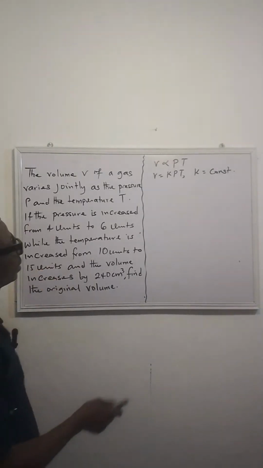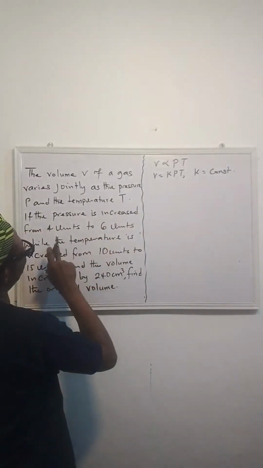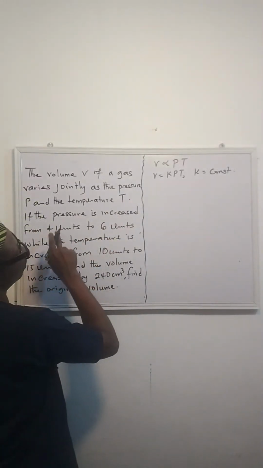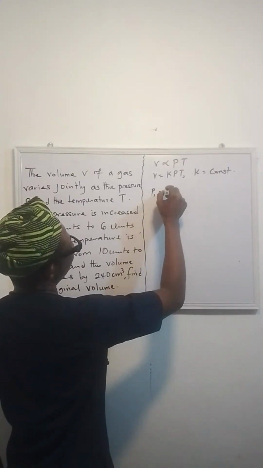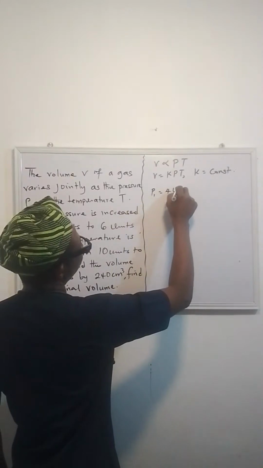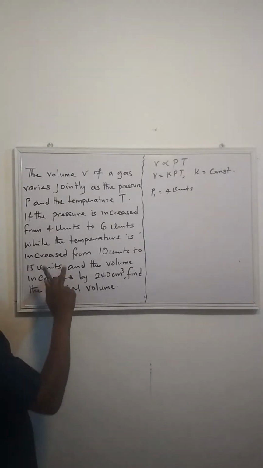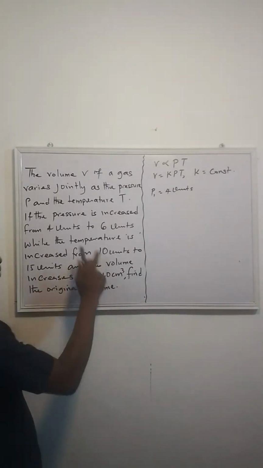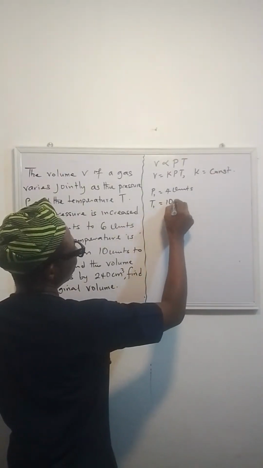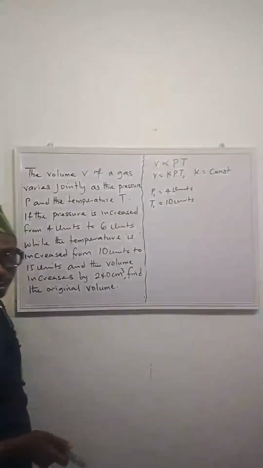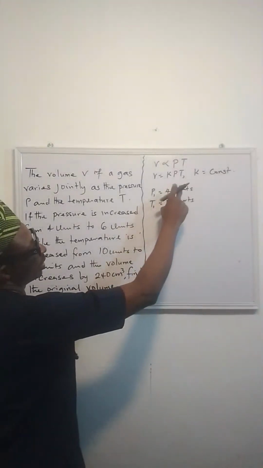So now let's write that out. Original pressure, let's call that P1, is 4 units. Original temperature, let's call that T1, is 10 units. Hope you get that. Now let's incorporate this.